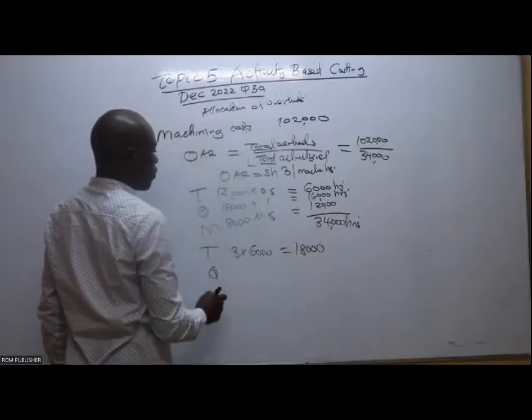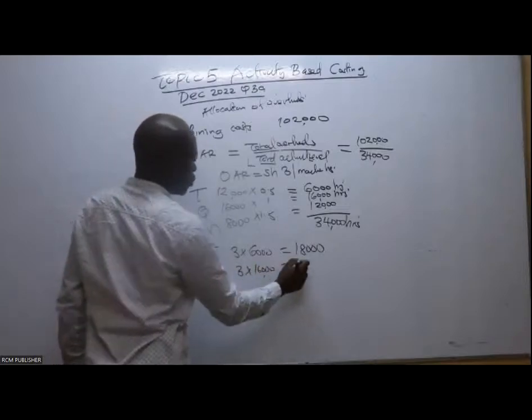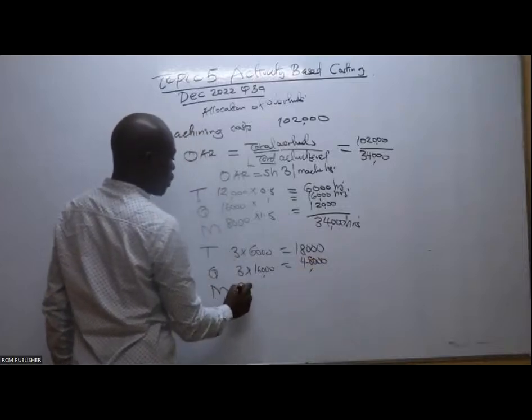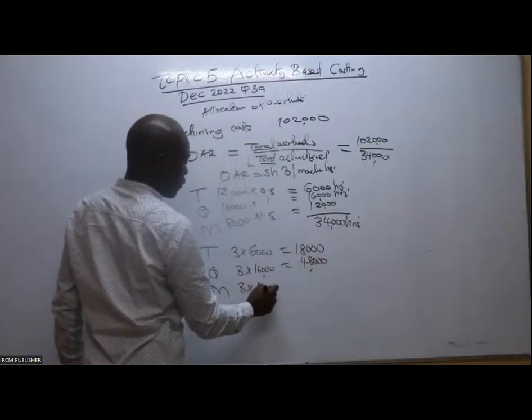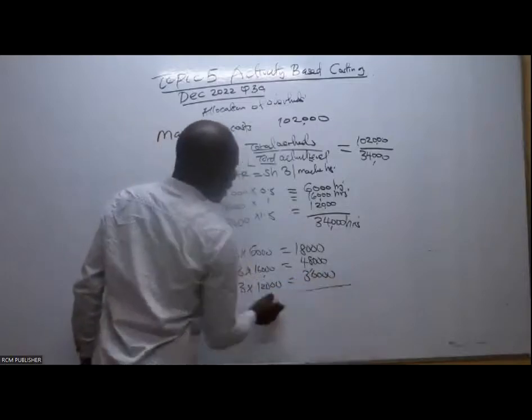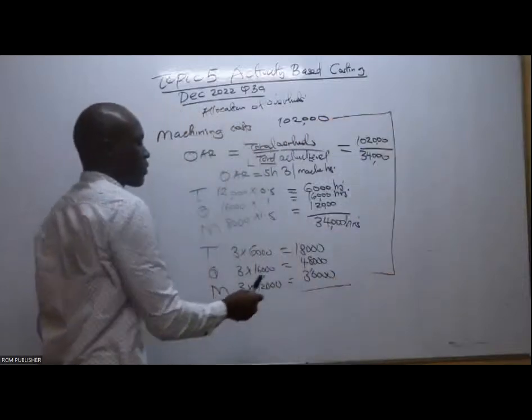Product Q, I'm going to have 3 by 16,000 to give me 48,000. Then M, I'm going to have 3 multiplied by 12,000 to give me 36,000. Can someone add these to see if it will be the same as what we have up there? Somebody to add?